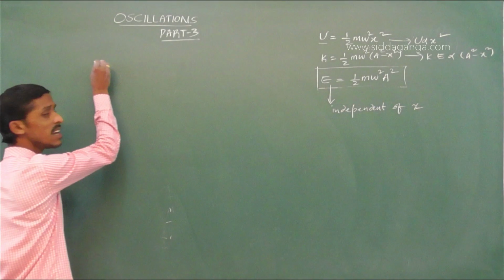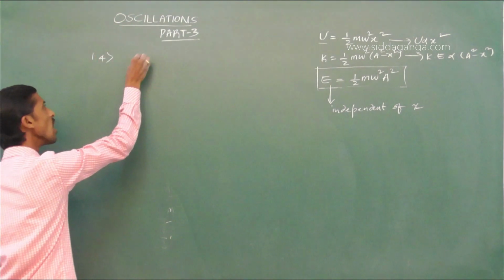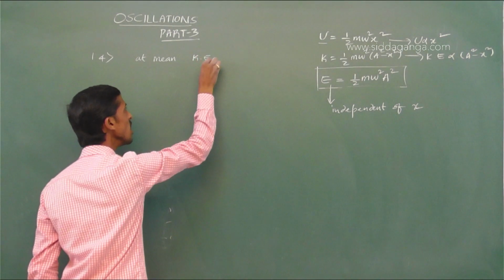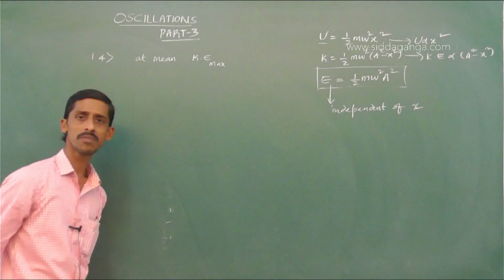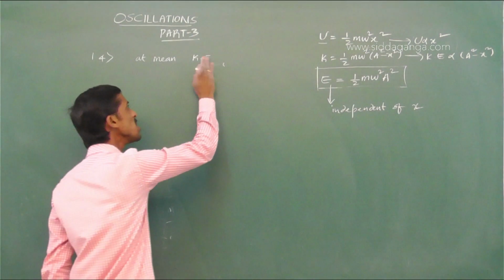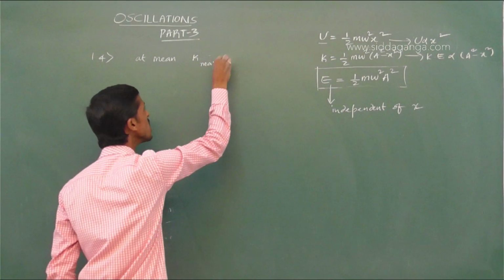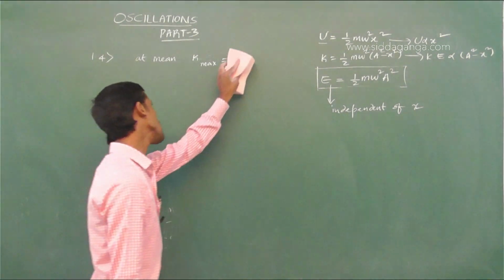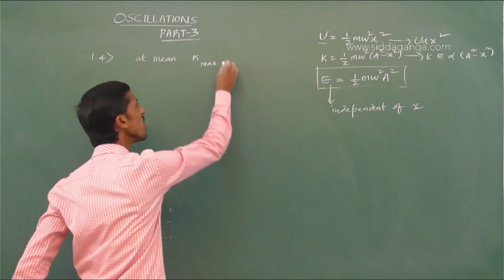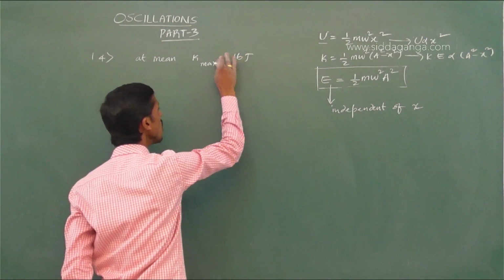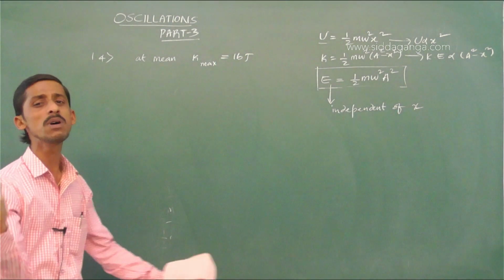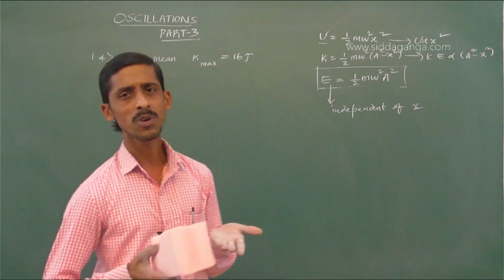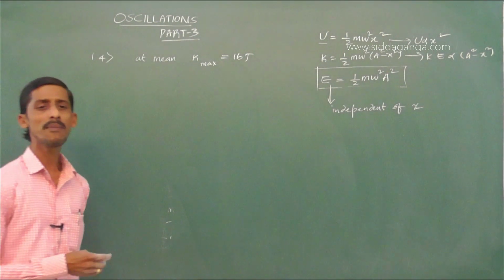You know, kinetic energy is maximum at mean position. Maximum kinetic energy is nothing but total energy. What is the kinetic energy? 16 joule. As the particle is at mean position, its kinetic energy will be maximum.